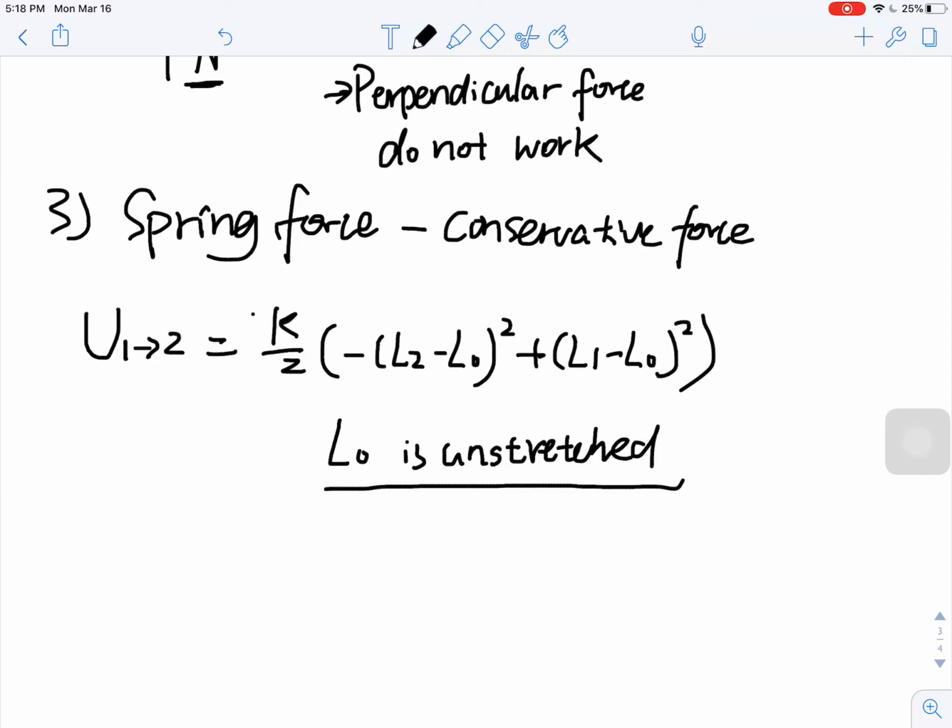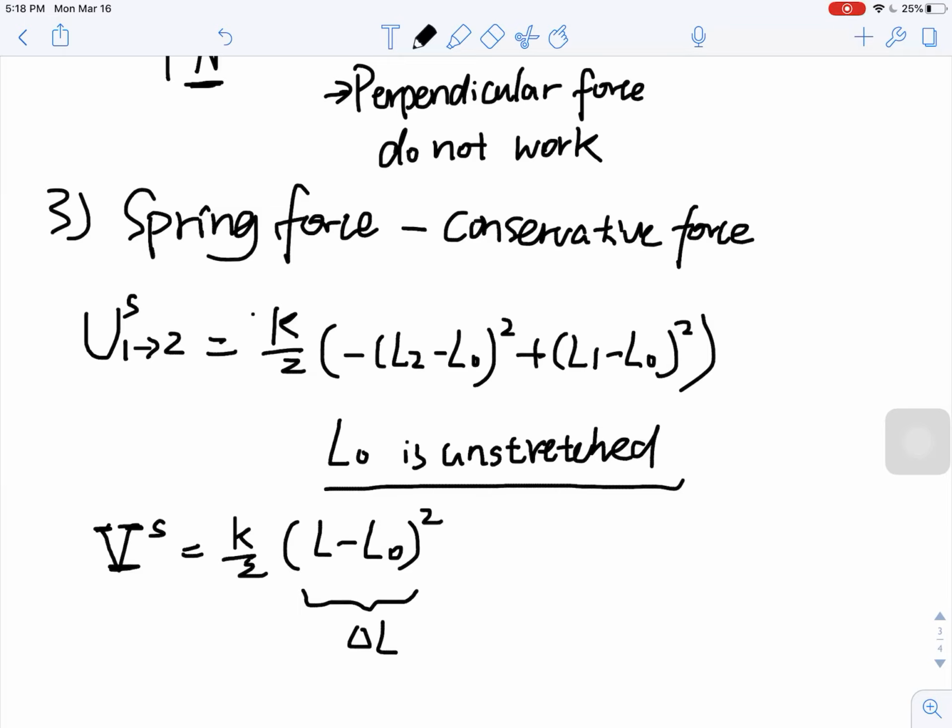We can write the potential energy by the spring as V superscript spring equals k over 2 times (L minus L0) squared. L minus L0 is delta L, the change in length.